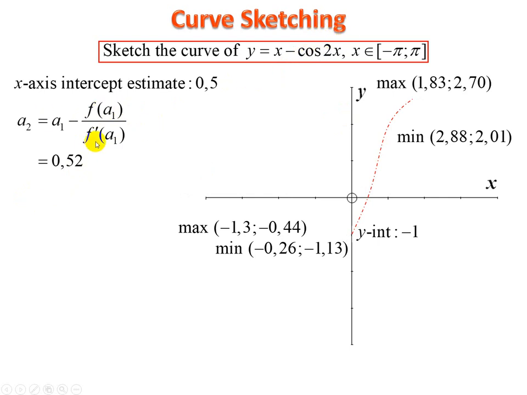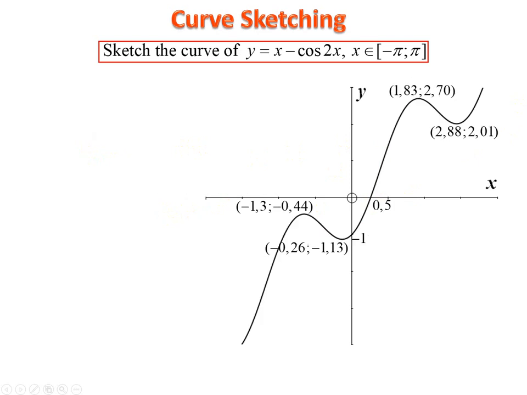If you substitute the 0,5 into that formula, we get 0,52. I'm just having a look to see. Right. Strictly speaking, you stop there because it's 0,5, and that's exactly what I've done. Because 0,52 approximates to 0,5 again, so we can use 0,5 as the value. And there is our graph.